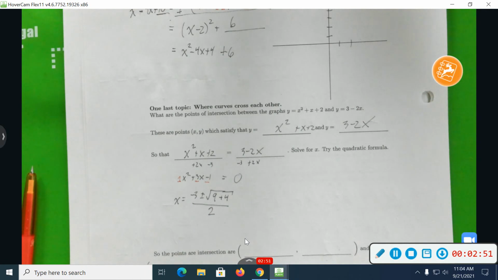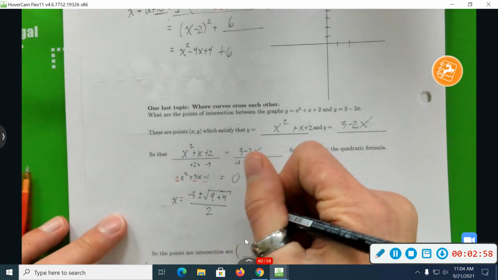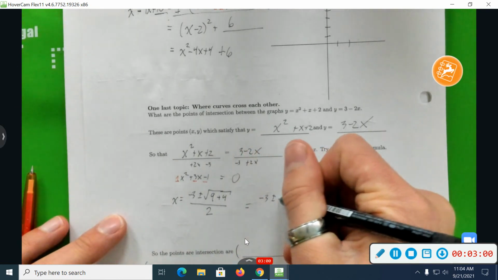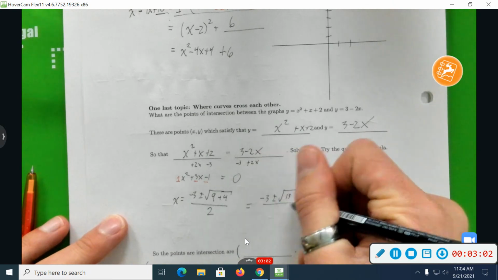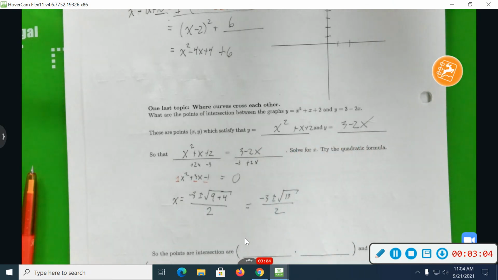That was quick, but I think I jotted everything down correctly. Groovy. And I don't see any simplification. The whole numerator isn't even, so I can't cancel the 2. The 13 under the square root has no square factors.